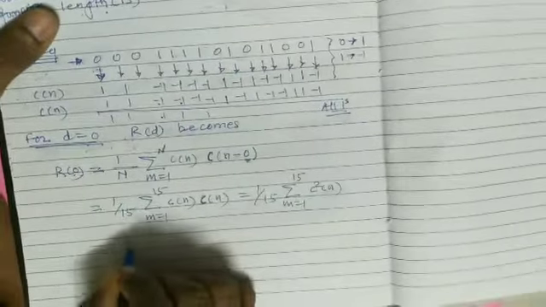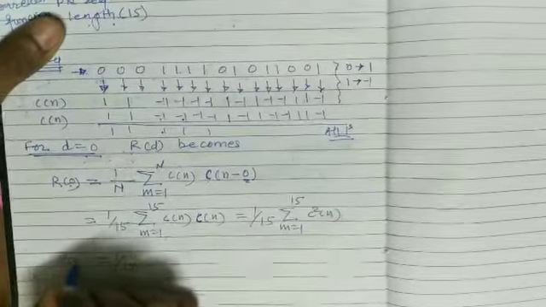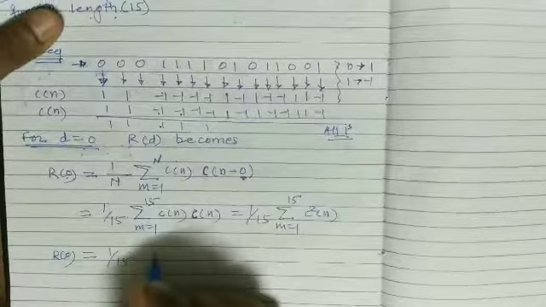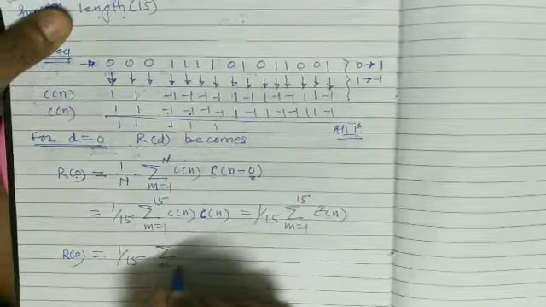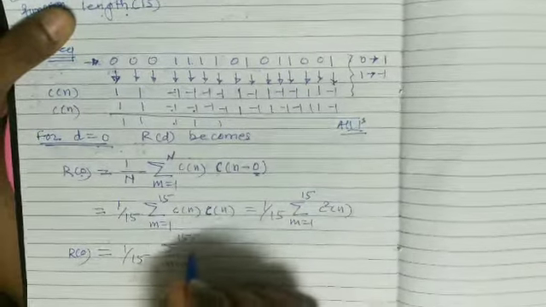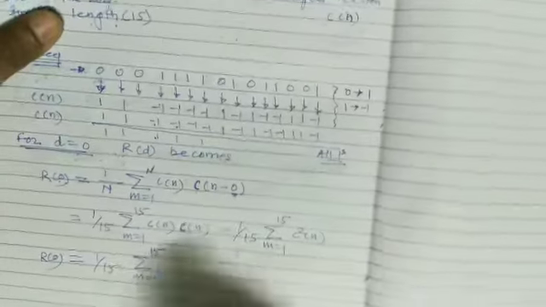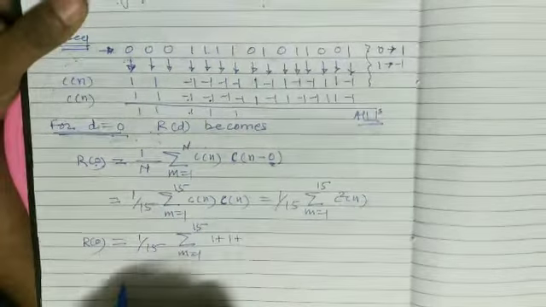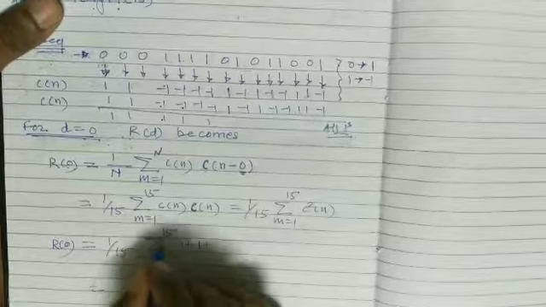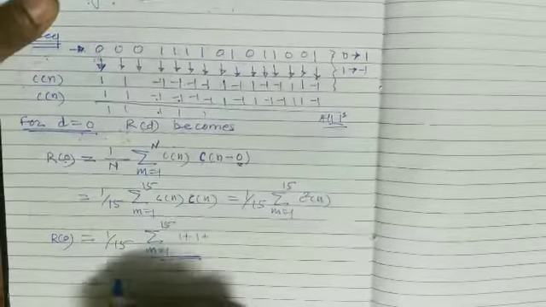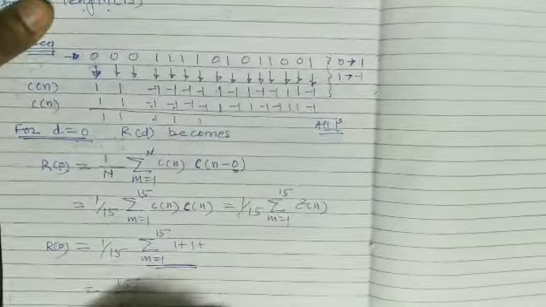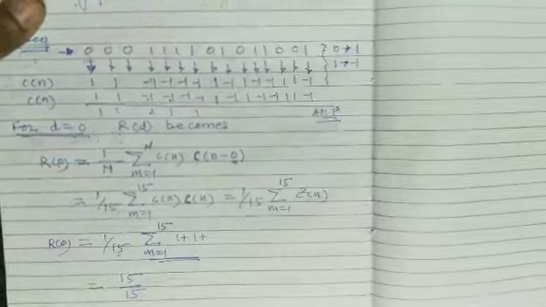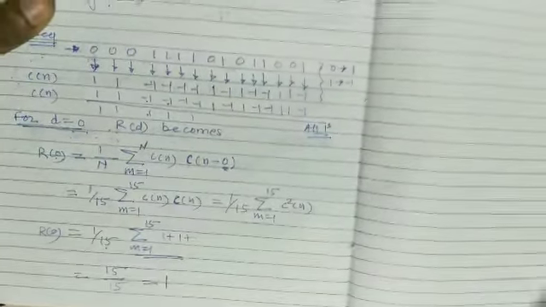If we consider this value of r of 0, that is 1 by 15 summation m is equal to 1 to 15, the value of Cn square will be 1 plus 1 plus 1 likewise, so the summation value will come out to be 15, divided by the denominator factor 15, which gives you a value equal to 1.